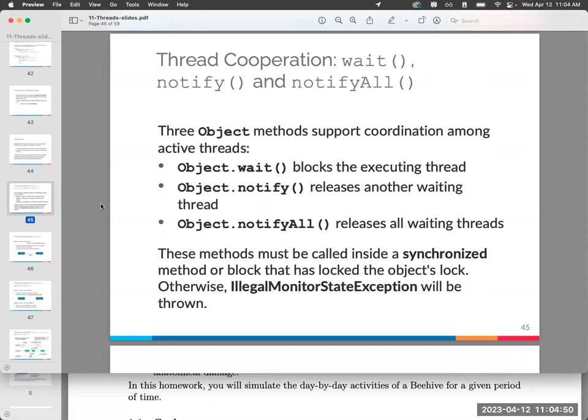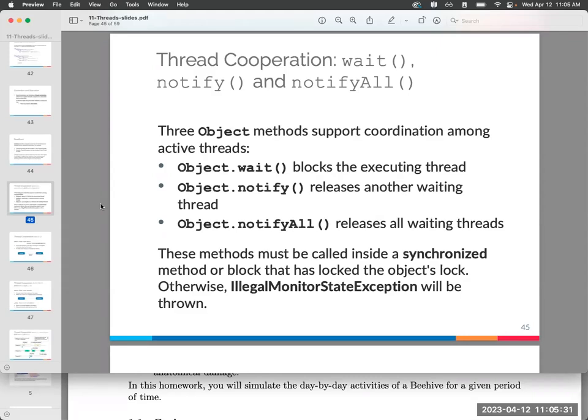When I was previously mentioning that a thread would possibly wait to acquire a lock, this is a similar situation, and it is even related to the same state, called the wait state. When a thread is in the wait state, this means essentially that a thread is waiting to be notified. It's different in the sense that when a thread is just waiting to acquire a lock, this is an automatic process, so you don't need to do anything. The thread will keep trying by itself until it is able to acquire the lock and then move on.